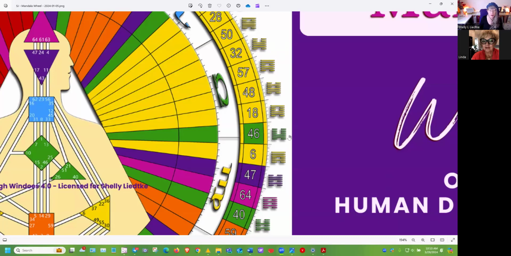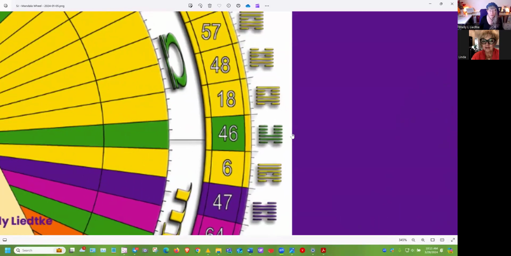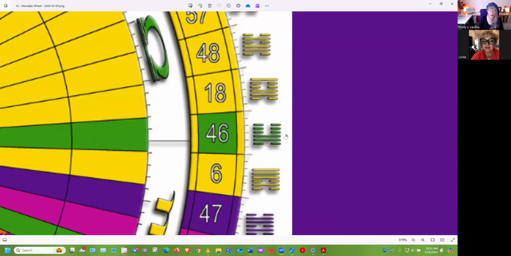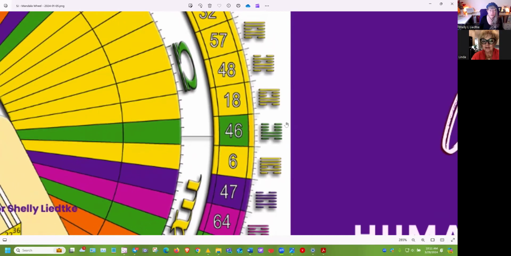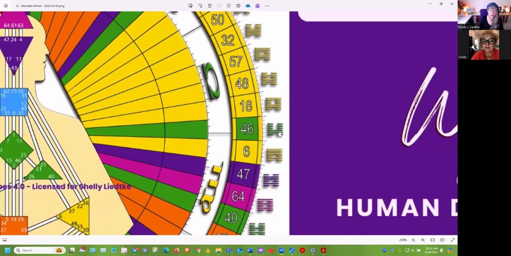The bottom line is the first line, and I'm going to point this little hand at the line. The second line is above that, then the third, the fourth, the fifth, and the sixth is on the top. So as we move through the lines, that's what I'm talking about.